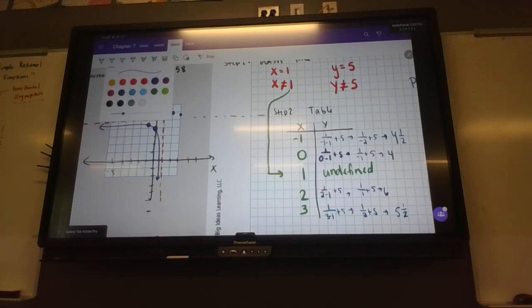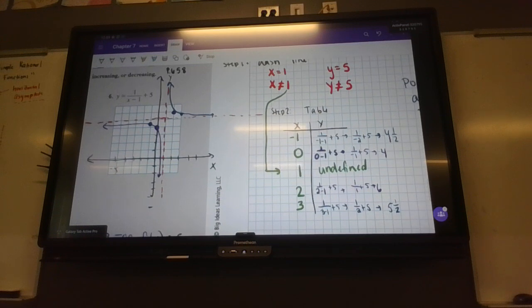And then there's the other branch of the hyperbola. Any questions yet?